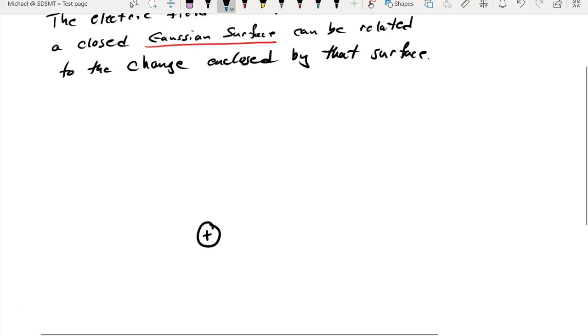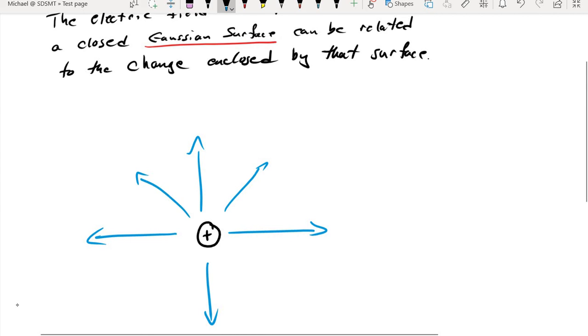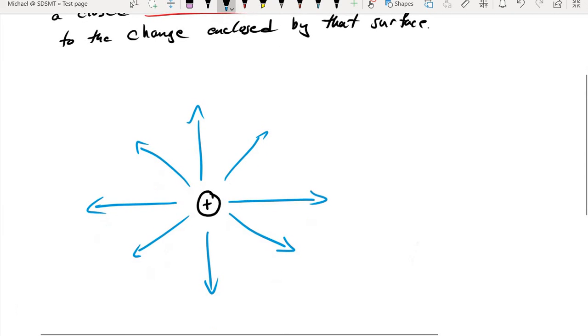For positive charges, those field lines will travel outward in all directions, producing an ever-expanding sphere of electric fields, and that electric field has a magnitude of Q over R squared. So this is something that we already know.